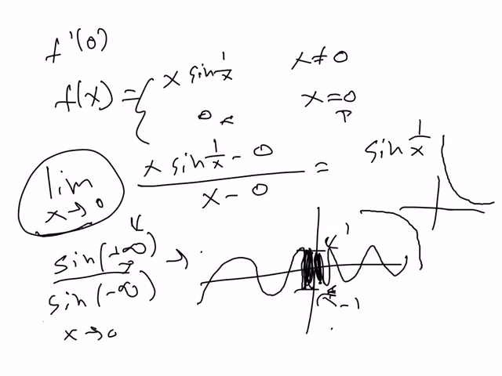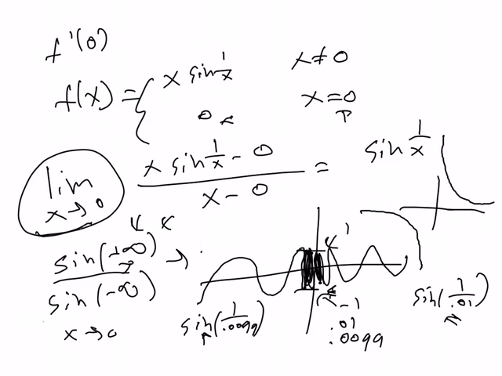So when we go, let's say, from 0.01, which is close to 0, to a close but smaller number, let's say 0.009, this number, sine of 1 over 0.009, is going to be drastically different than sine of 1 over 0.01.